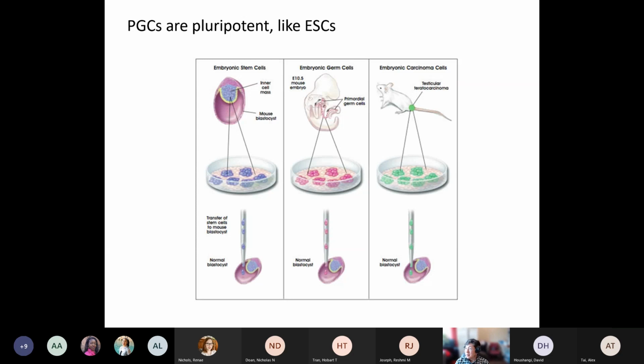So, the concept of primordial germ cells. At some time during embryogenesis, you have the identity of primordial germ cells. The primordial germ cells turn out to be pluripotent, just like embryonic stem cells. So they are considered to be one source of pluripotency. On this slide, I listed 3 sources of pluripotent stem cells.